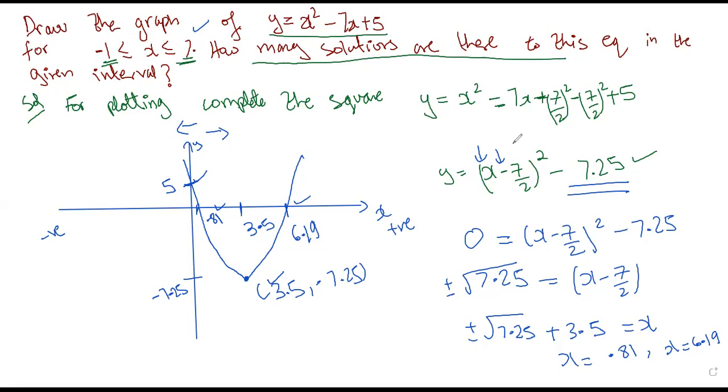The second part is for the same question. Show that x squared minus 7x plus 5 is 0 has a root in the interval 0 to 1.